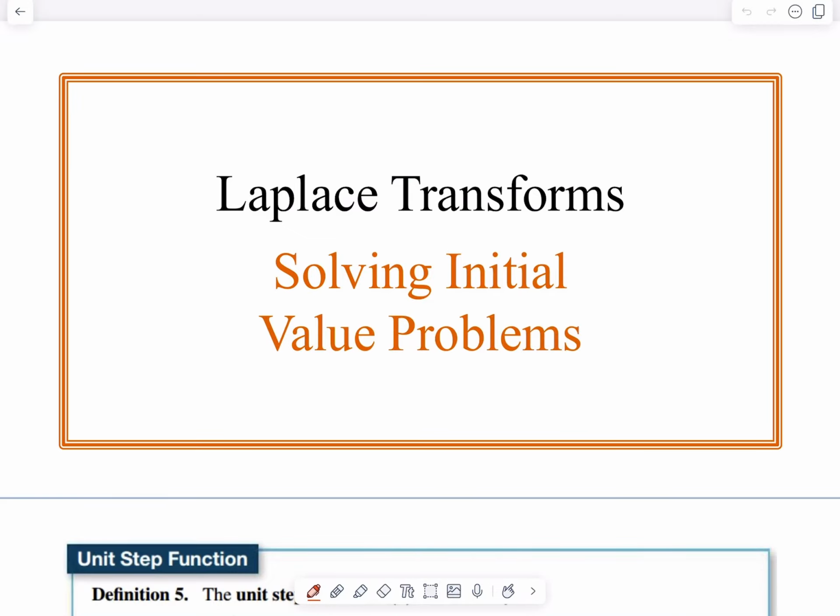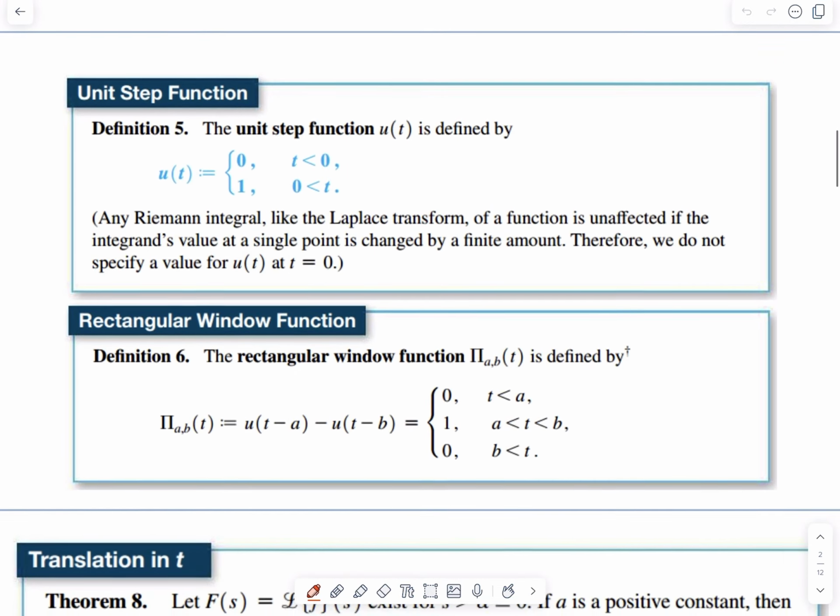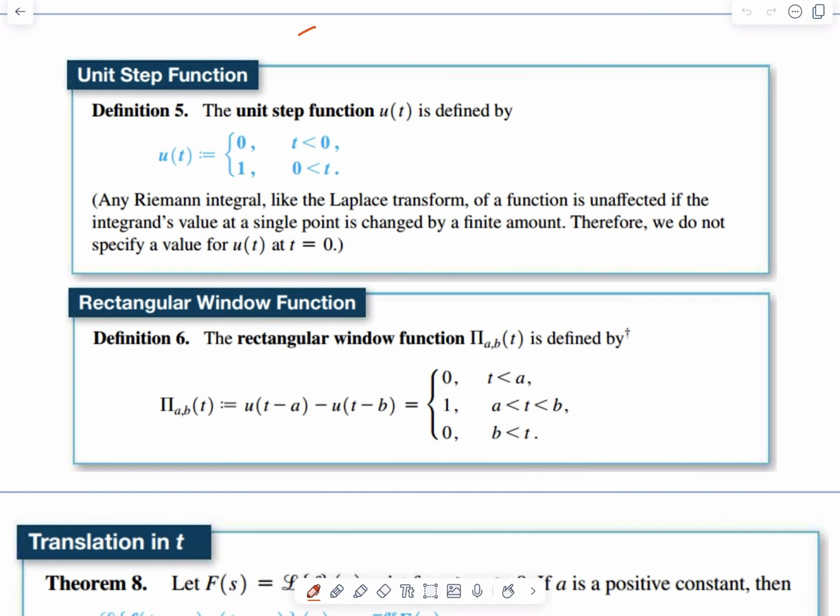This is Laplace transforms, and in this video we will be solving initial value problems. Jump discontinuities occur naturally in physical situations that involve switching.